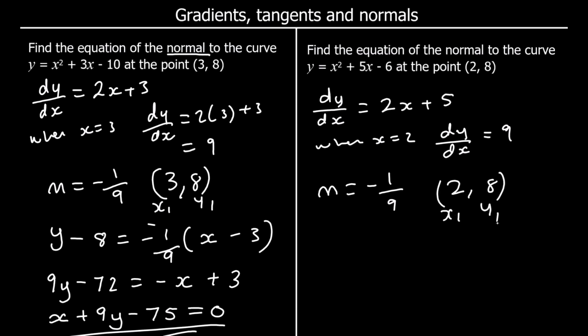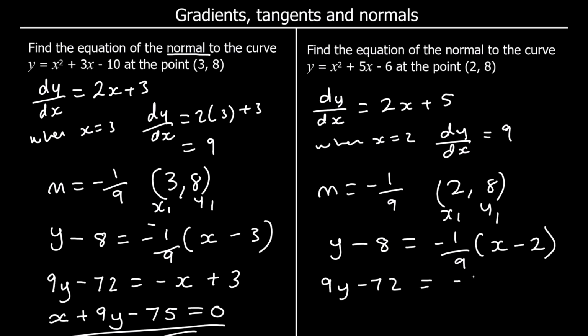So we've got a point on the straight line and the gradient of the straight line. So y minus y1 equals m times x minus x1, times by 9. Expand the bracket, make it equal to 0. So x plus 9y minus 74 equals 0.